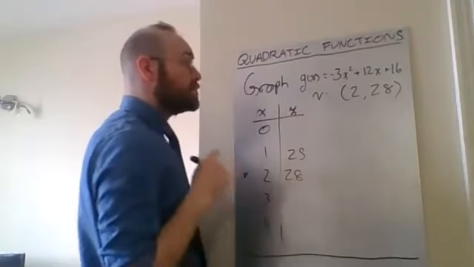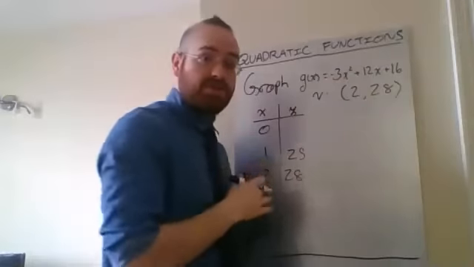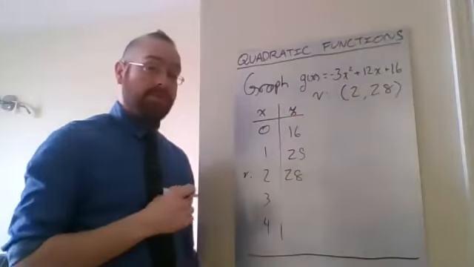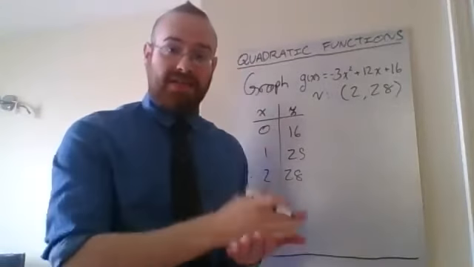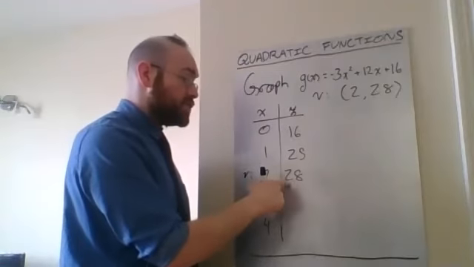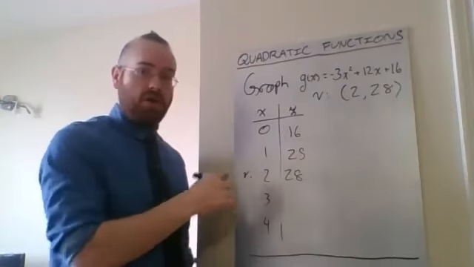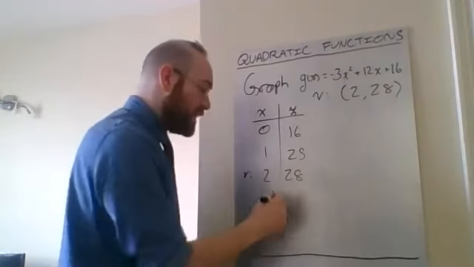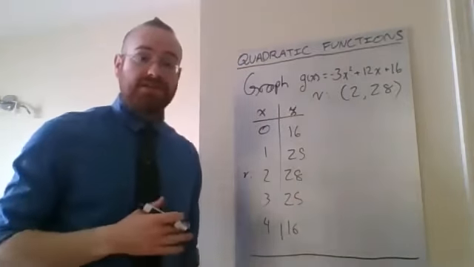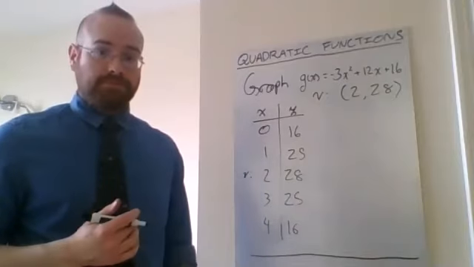And when I plug in 0, these first two terms just cancel out, so I get 16. Now remember, our axis of symmetry is at the vertex. So going to smaller numbers, we have 28, 25, 16, and going to larger numbers, we'll have 28, 25, 16. And this gives us a complete table.